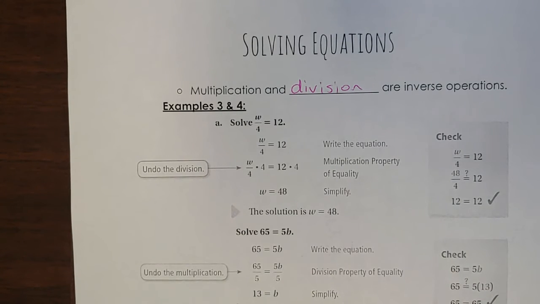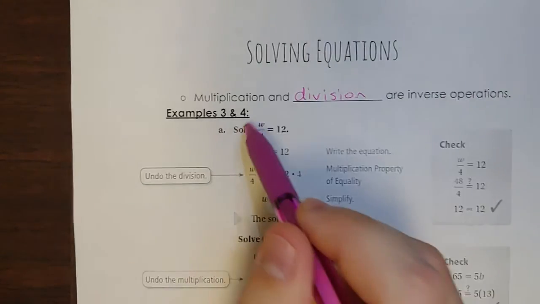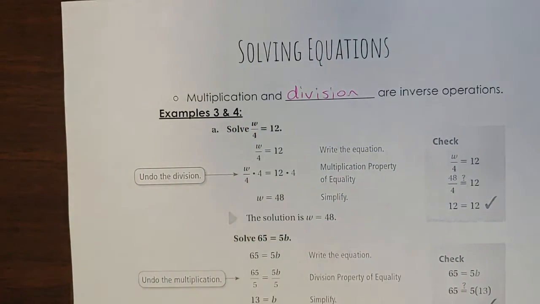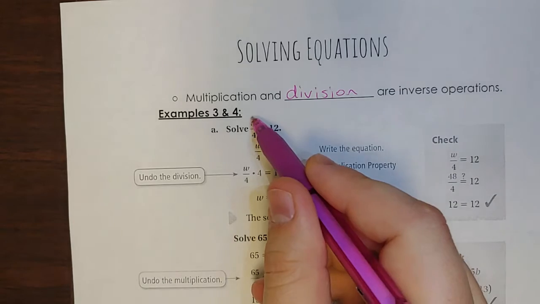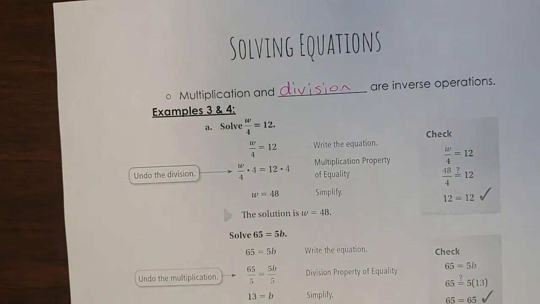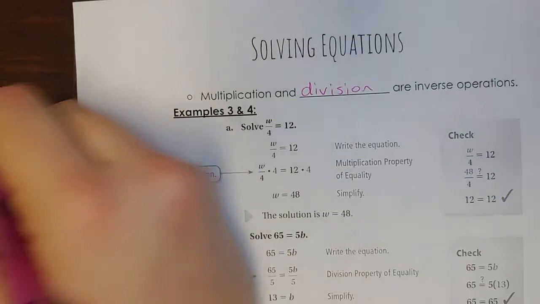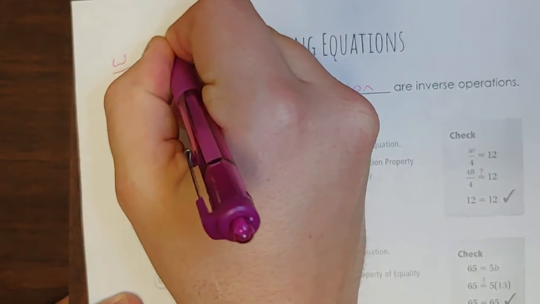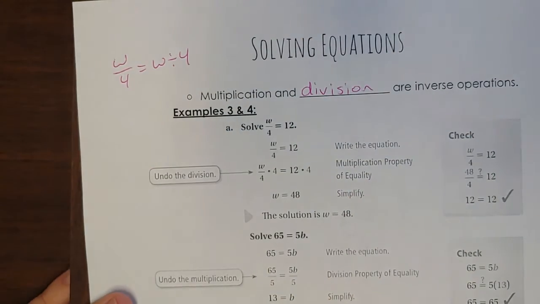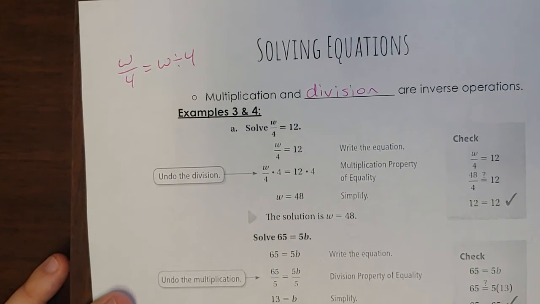So, same exact thing. Don't let this right here scare you. Notice that I have the W on top. This W over 4 is the same thing as W divided by 4. They mean the exact same thing.